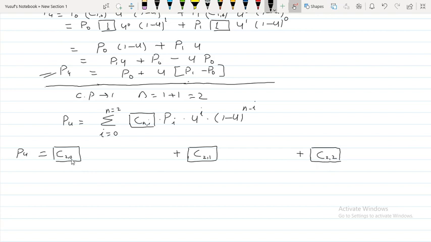So first time I is 0, then 1, then 2. Then second is P. So P of 0, here P of 1, here P of 2.